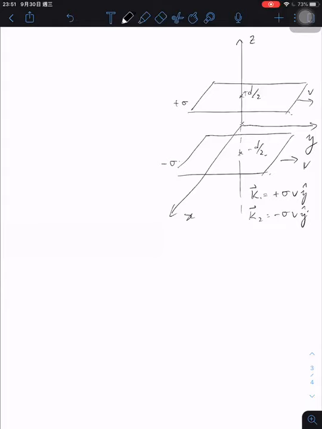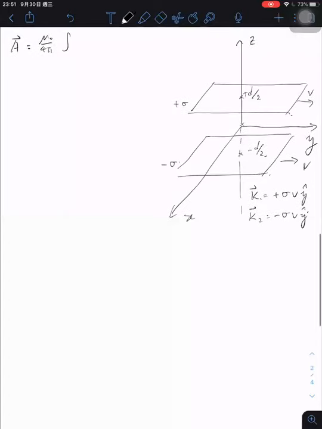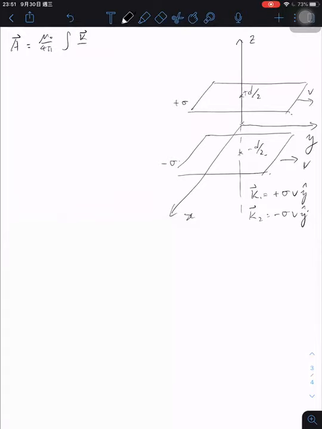To calculate the vector potential, let me first write down the general equation: mu0 over 4 pi multiplied by the surface current density over R, where R is the distance between the source position and the observer, integrated over the area.